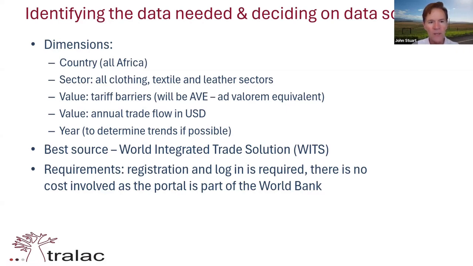And then fourthly, we need the annual trade flow in USD. We don't strictly need it, but it's a very interesting thing to add, because we can compare the trade flows coming in at preferences and the trade flows coming in at MFN, most favored nation, or typical tariffs.